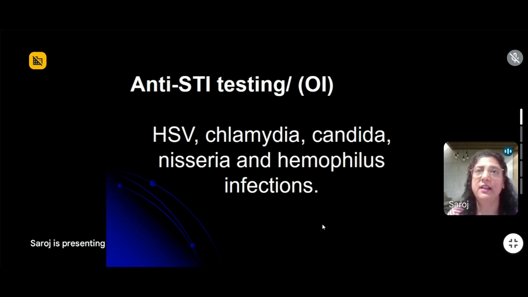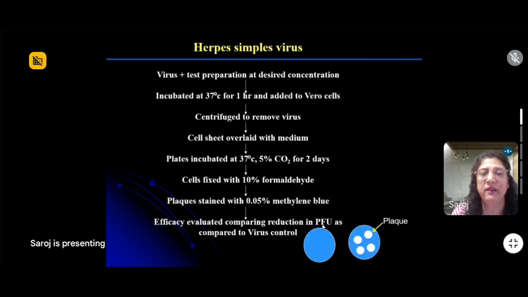So whenever you're testing the microbicide for anti-HIV entry, you can also check whether it is effective against these infectious organisms, and in that way you would have all the solution in one gel or one cream, if one such preparation is able to contain all the infections.